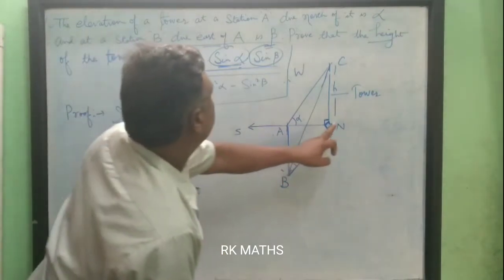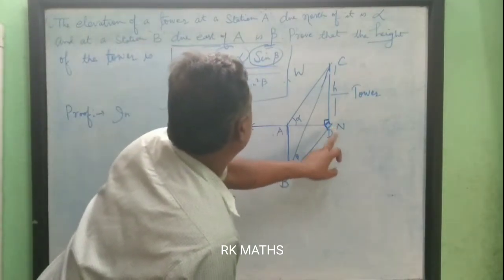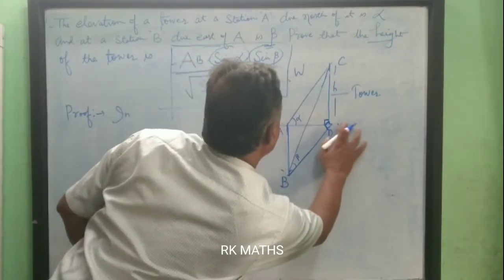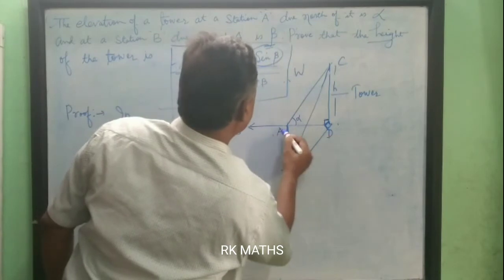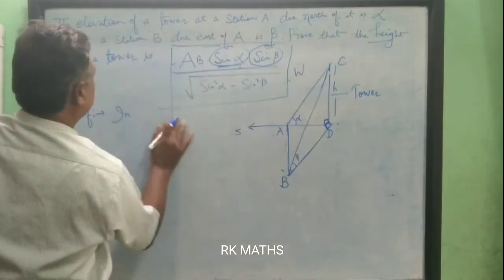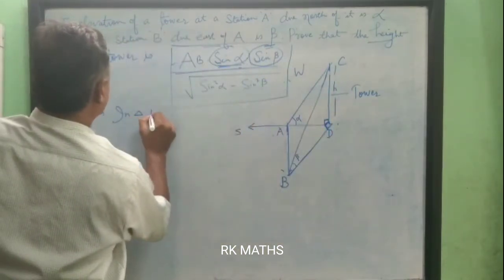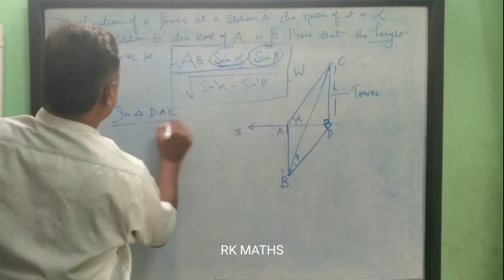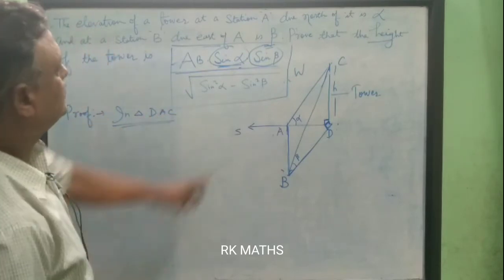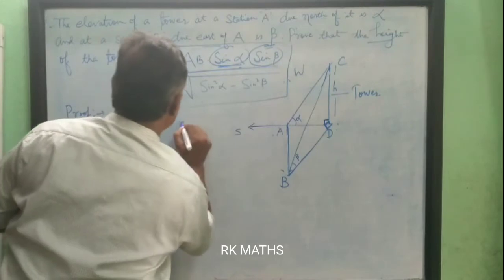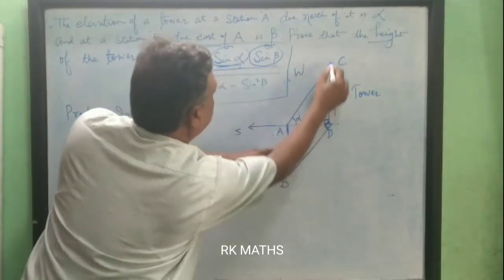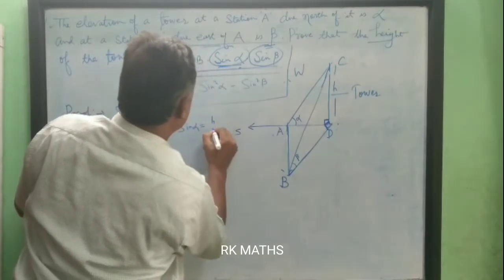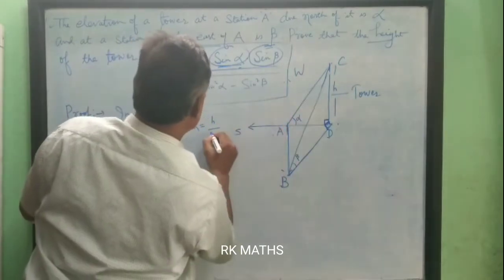So at first in triangle DAC, this is the D point. In triangle DAC, sin alpha is equal to perpendicular by hypotenuse, so it will be h by AC.